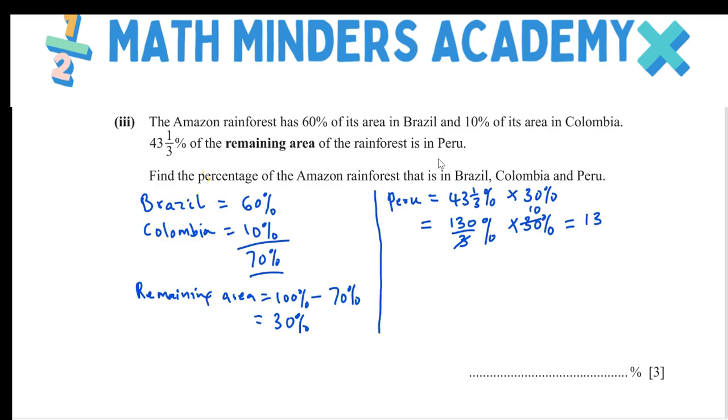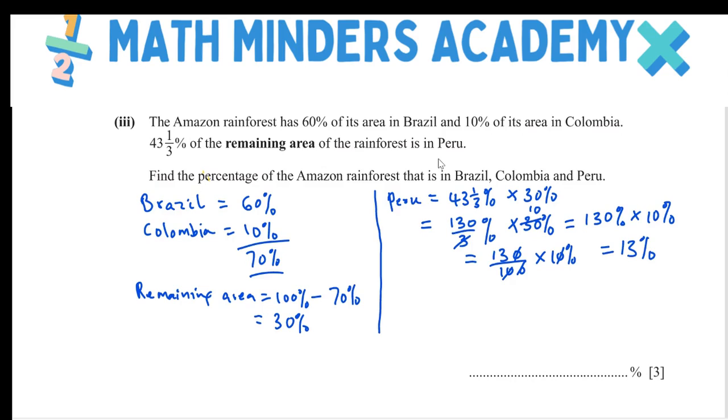We have 130% times 10%. And also remember that 130% is 130 all over 100, then times 10%. If you cross out all these zeros here, that gives us 13%. So in Peru, we have 13%.